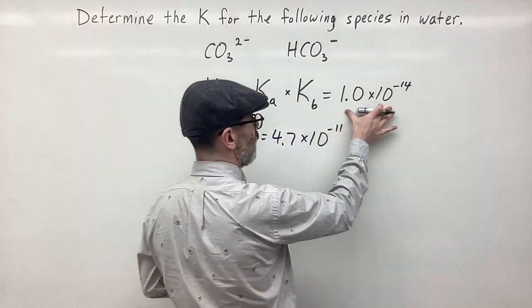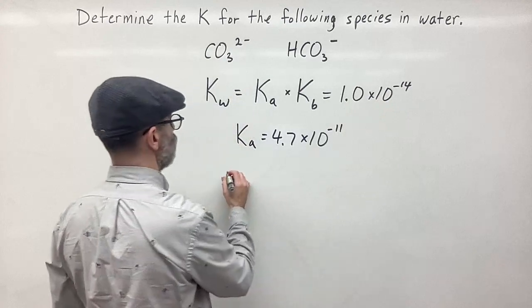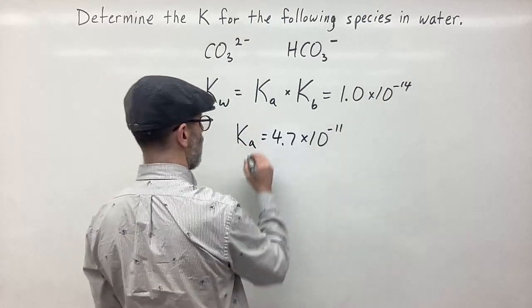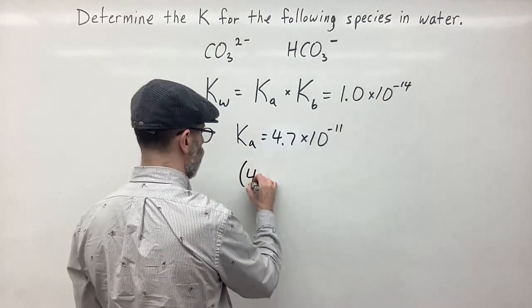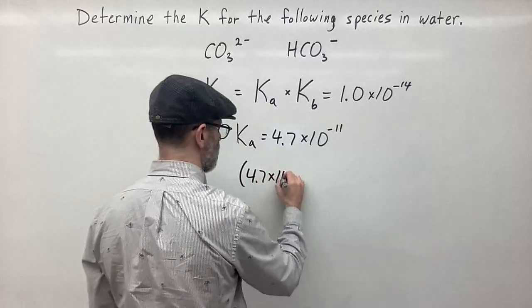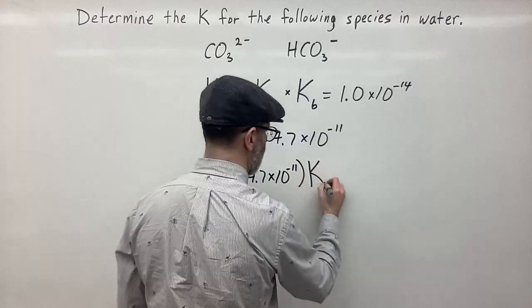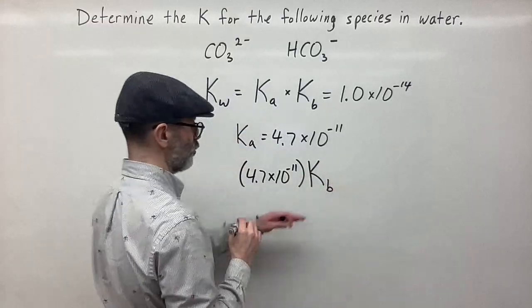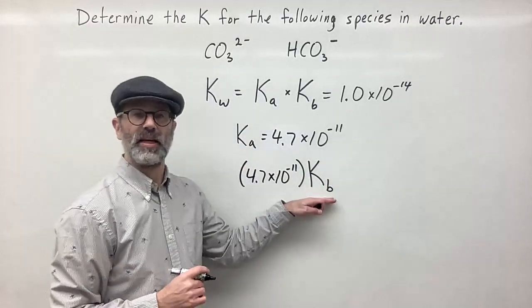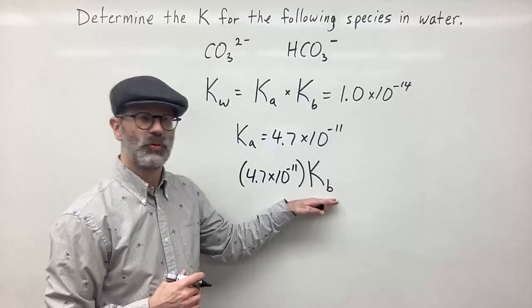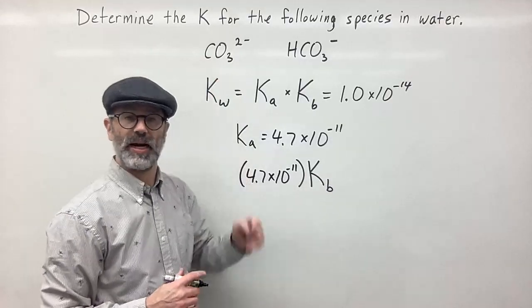We know our Kw, so then all we have to do is plug everything in. So we get Ka, so that's going to be 4.7 times 10 to the negative 11. Multiply that by Kb, the equilibrium constant for the conjugate base, which in this case is the carbonate ion.